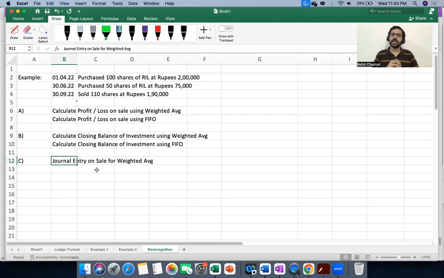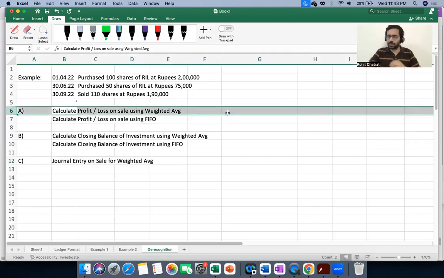Now, before we go ahead, I would like to clarify one thing, that Accounting Standard 13 clearly tells you that only weighted average cost is allowed. AS 13 does not allow any method other than weighted average cost method. But ICAI, for the purpose of practice, which I believe is a good thing, is also showing you how to calculate the profit or loss if you apply FIFO method.